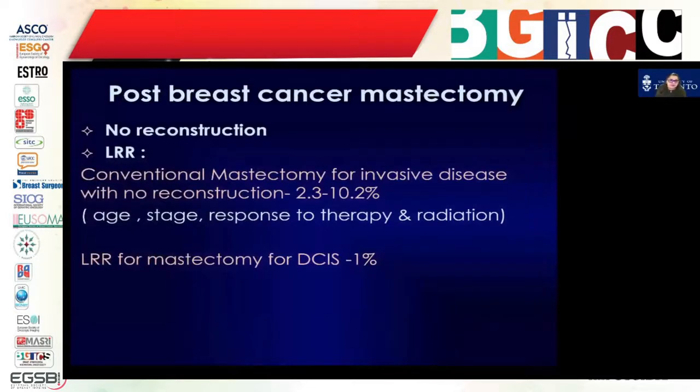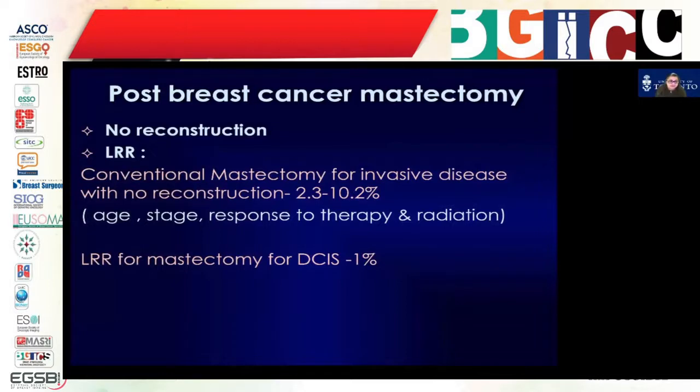What about women who have a mastectomy with no reconstruction? What should we do with them? So women who have conventional mastectomy for invasive disease, the likelihood of local recurrence is 2.3 to 10%. And of course, this depends on the age of the patient, the stage of the disease, response to treatment, and whether she had adjuvant radiation or not.